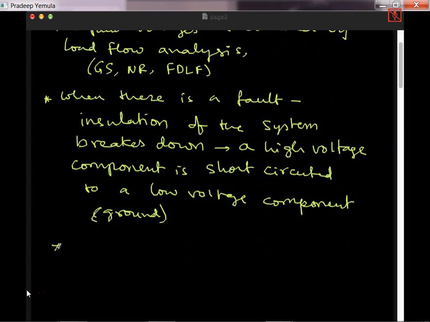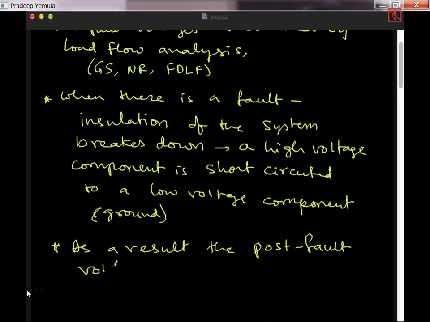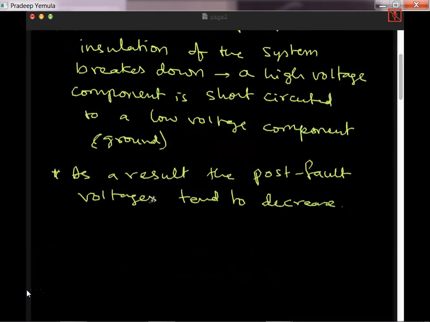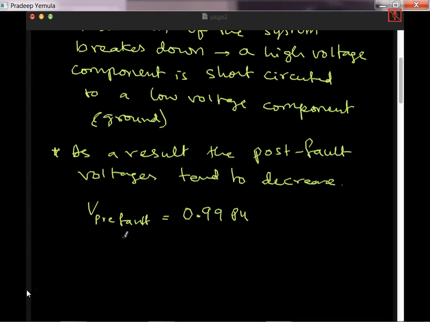So as a result, the post fault voltages tend to decrease. Let's say if V pre-fault is 0.99 per unit, then V post fault can be 0.23 per unit.